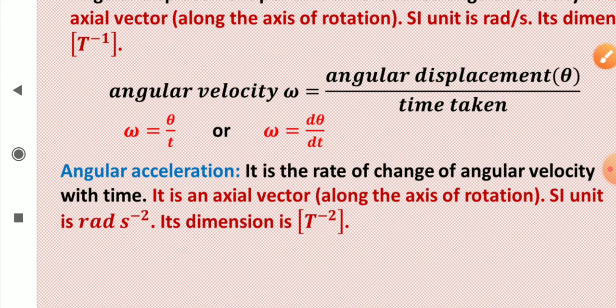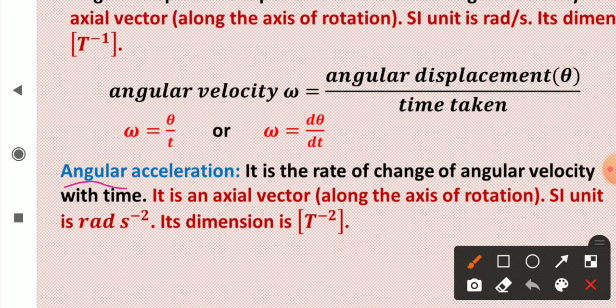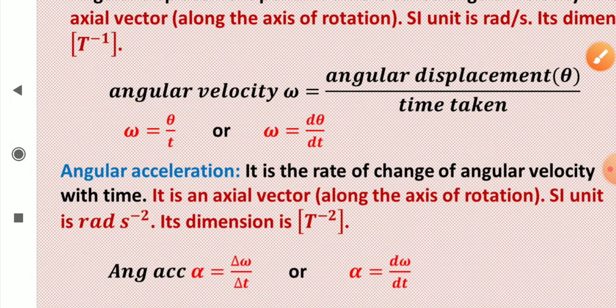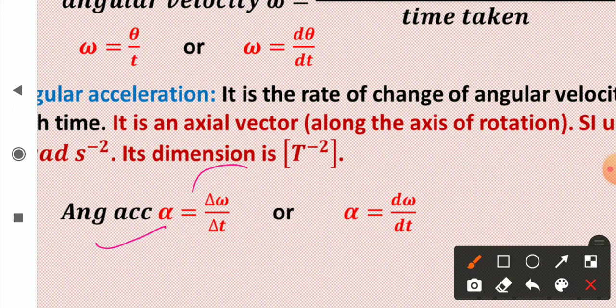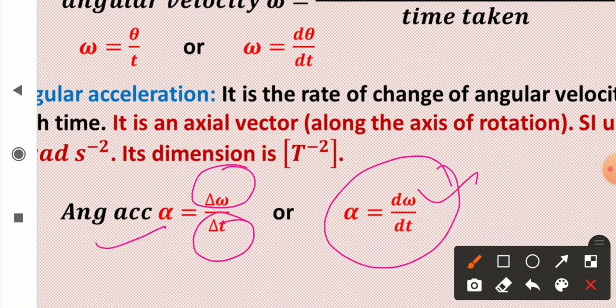Now, angular acceleration. The way we have linear acceleration, we have angular acceleration also. It is the rate of change of angular velocity with time. Formula: angular acceleration is change in angular velocity upon time taken, or we can also write d omega by dt, right? Now this is also an axial vector.